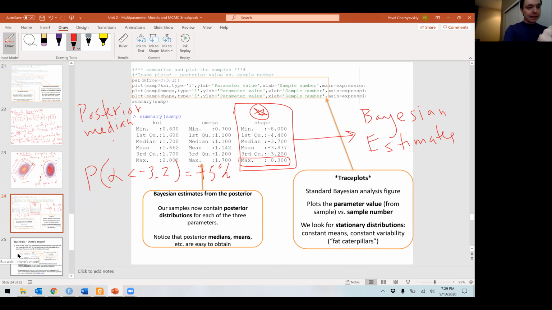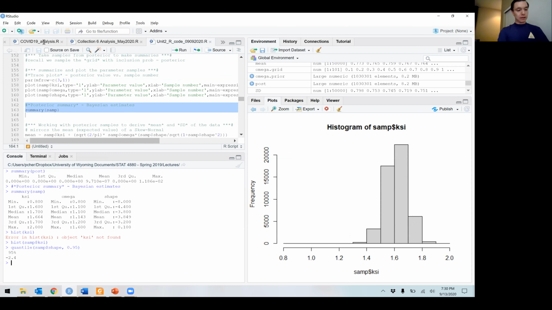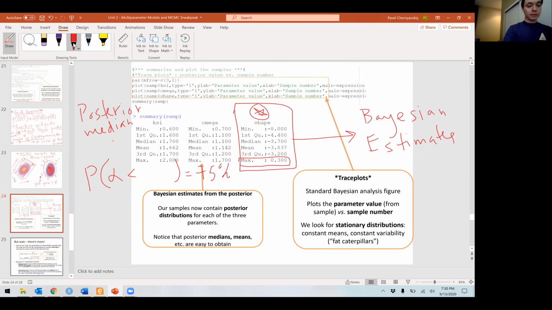So I can say that the probability that alpha is less than negative 2.4 is 95%. Right? So only a 5% chance that our skewness parameter is greater than negative 2.4.